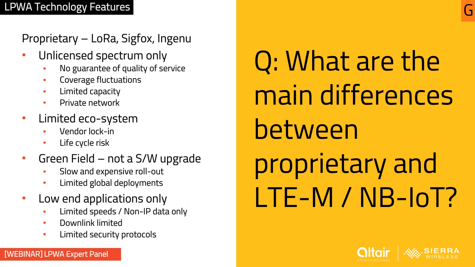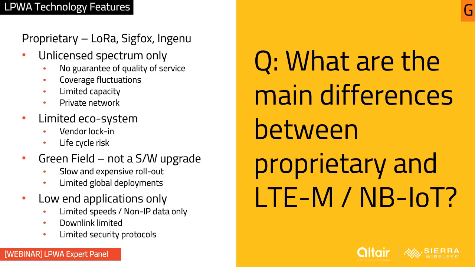For example, with LoRa you have a single chipset vendor, Semtech. This not only creates vendor lock-in, but also if that company decides, willingly or not, to stop producing that chipset, the whole ecosystem is broken. Also, these proprietary technologies are deployed very differently.